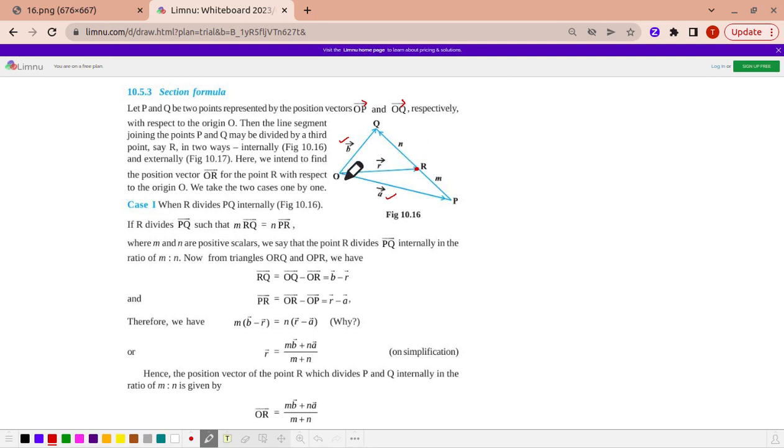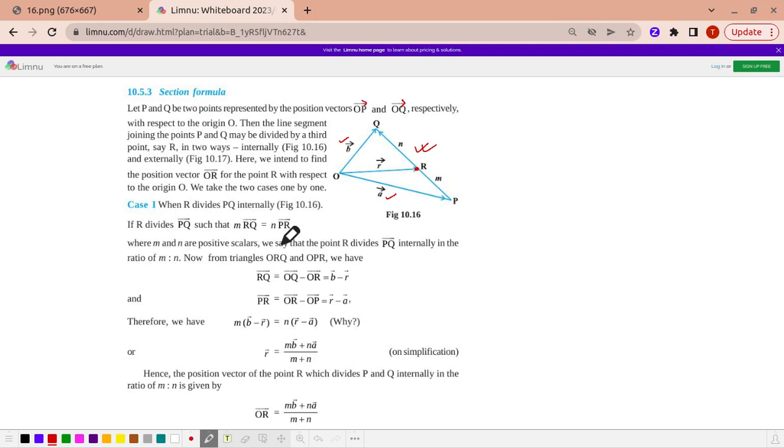So here we intend to find the position vector OR for the point R with respect to the origin O. Obviously that is called OR, the position vector of the point R, and let us describe this by the vector R. When R divides PQ, there are two cases, as I said earlier: internally and externally. The first case is when R divides PQ internally, as described in the adjoining diagram.